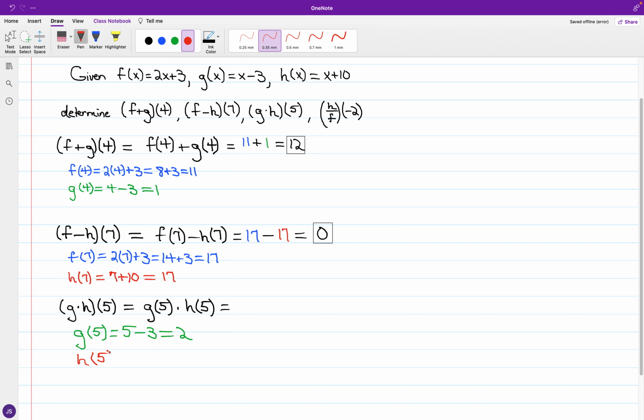For h of 5, again, h of the input is equal to the input plus 10, so we have 5 plus 10, which comes out to 15. And so with the values determined, we're going to have 2 times 15, and for g times h of 5, the product ends up at 30.